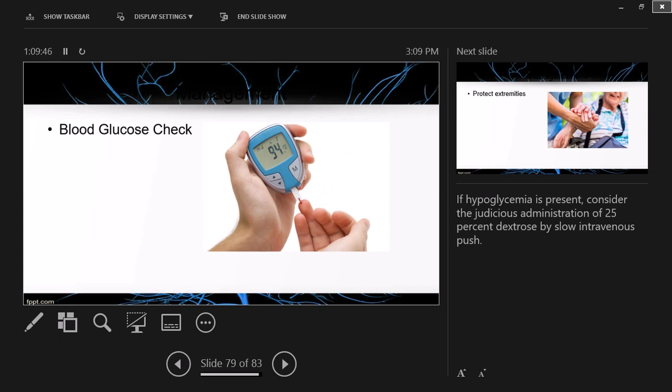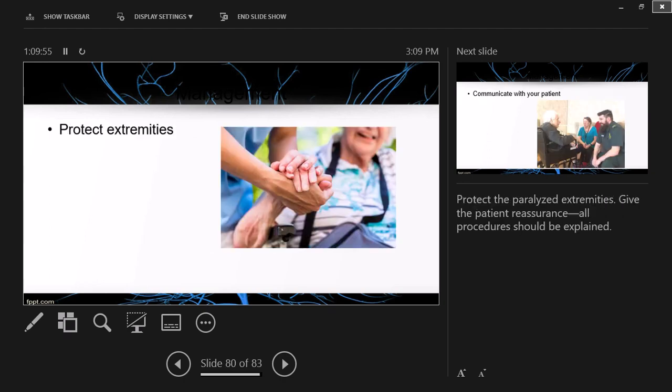That way you can watch and see, is the patient beginning to get better? And if they are, don't worry about giving the whole dose of the D10, all right? So watch that really, really closely. I strongly encourage you to go through and review that section in your book as well as within your pocket guide on stroke and diabetics.